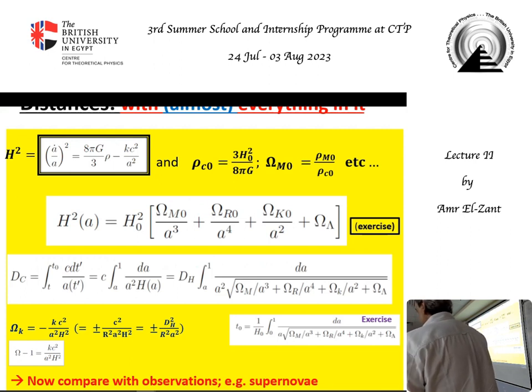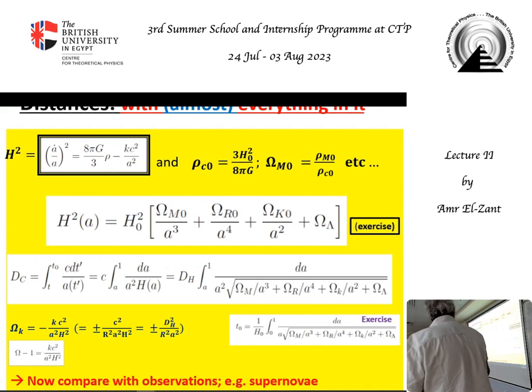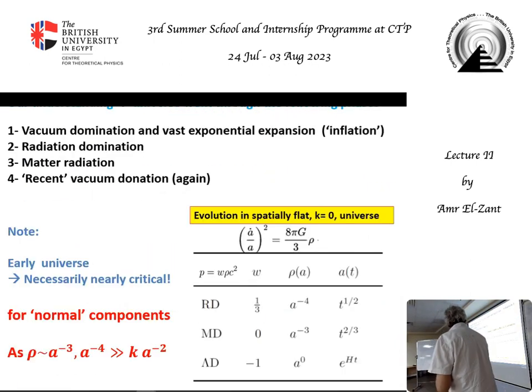Then you compare it with things like luminosity, how bright things are in the universe, or how big or small angular distances are, and so on. We try to calibrate our model and find how much matter, how much lambda, and how much curvature there is. In this way, you don't get how much radiation; you get that from the cosmic microwave background. But it turns out that we can do it. Okay, so we do that next time.